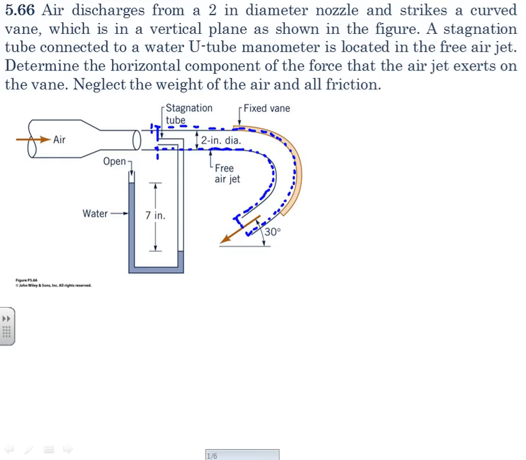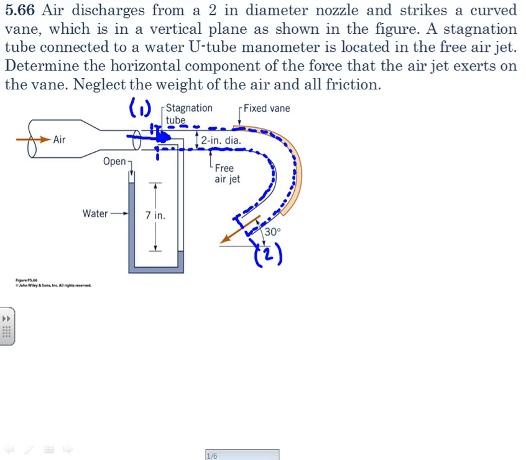Okay. So we're going to have some momentum crossing our boundary at position 1. We'll call this position 1, the inflow. And then we're going to have some momentum leaving, crossing the boundary at position 2.